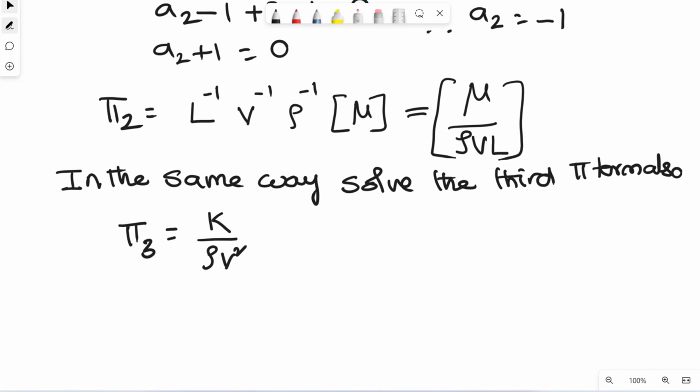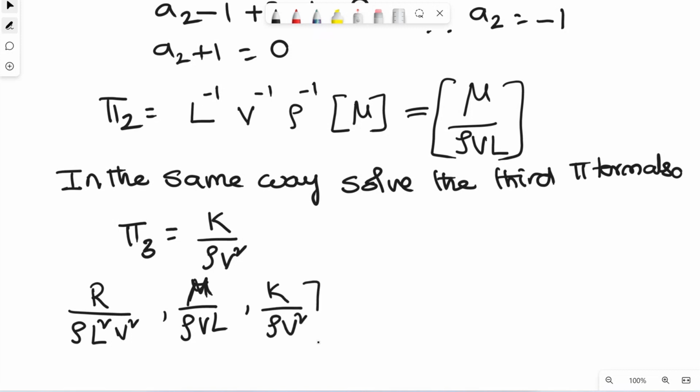So now what are the pi terms which we got? Pi 1 is R by rho L square V square, the first pi term. The second pi term is mu by rho VL. The third pi term is k by rho V square. This function is equal to 0.